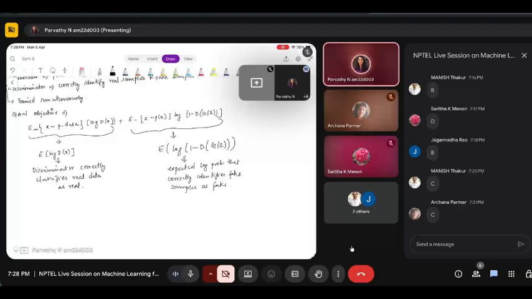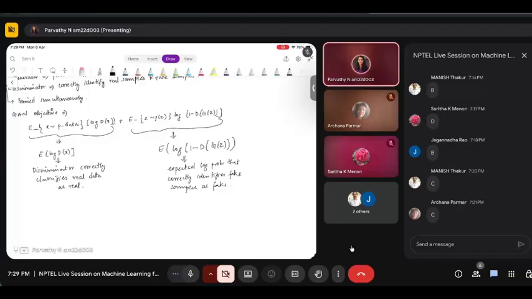When 1 minus D of G of z goes to 1 and this is maximized, then the discriminator is actually correct. So the discriminator maximizes the first term and the second term together to be a better classifier. Now, the generator will minimize this.